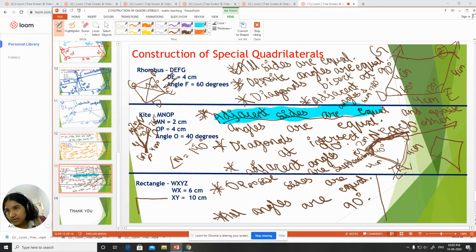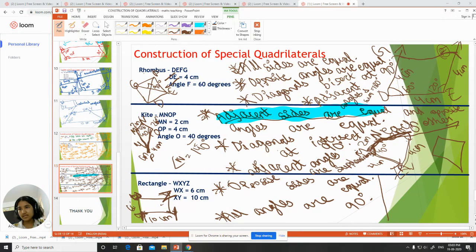This is the rectangle we are supposed to draw, WXYZ. YZ we don't know.